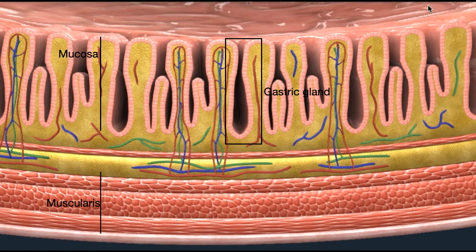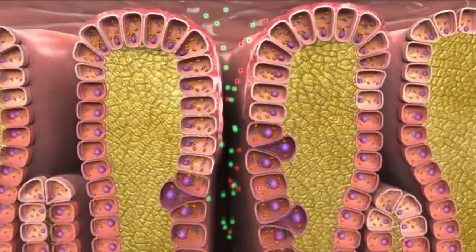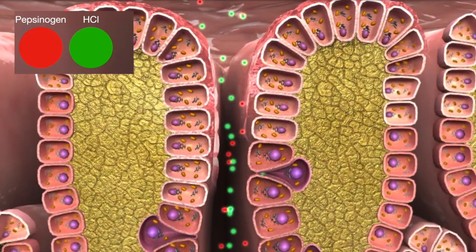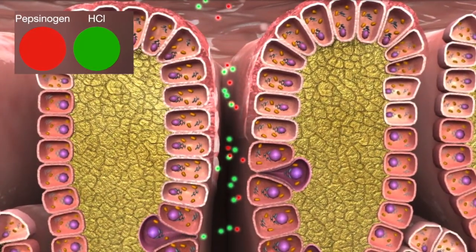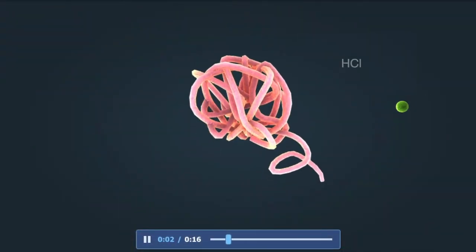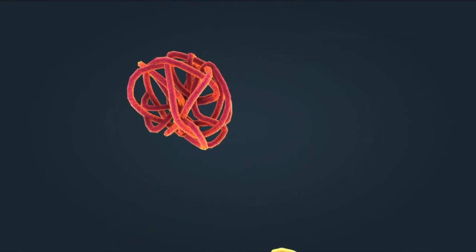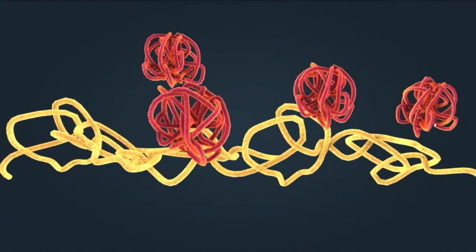It secretes a complex digestive fluid referred to as gastric juice. Gastric juice is composed of hydrochloric acid and different digestive enzymes such as pepsin. Hydrochloric acid is responsible for the high acidity, pH between 1.5 and 3.5, of the stomach contents, and it's needed to activate the protein-digesting enzyme pepsin.